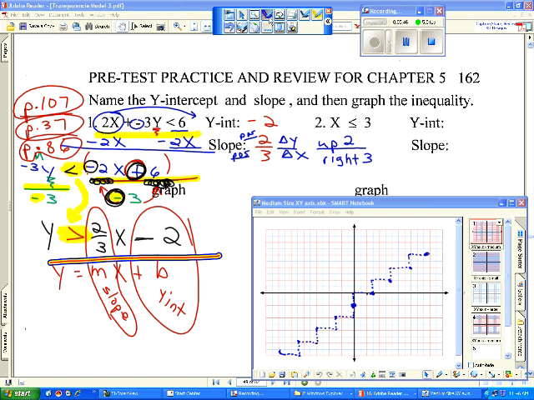Don't look in the wrong place for your inequality. Look at where you ended up writing it properly in slope-intercept form. And so looking at it there, we see that there's not an equal to line under the final inequality, so it's going to be a dotted line.